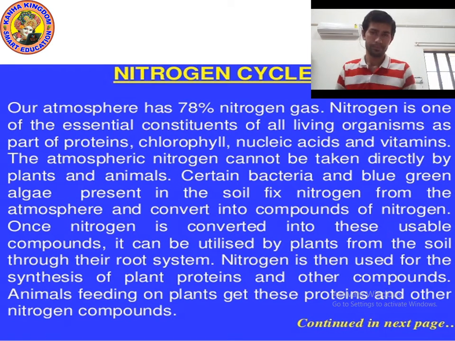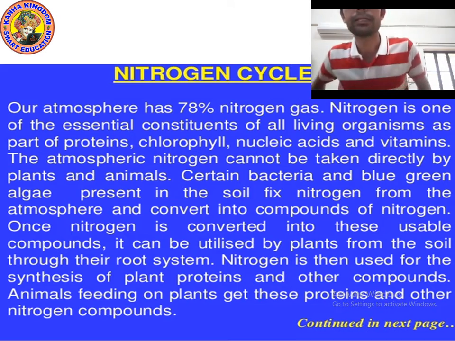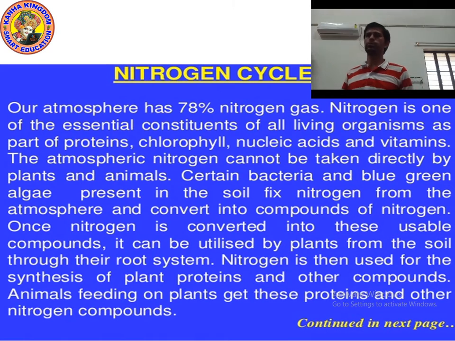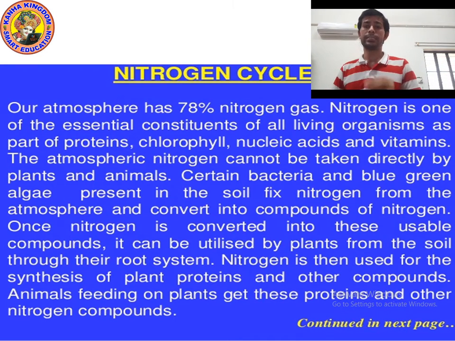Try to understand, kids. Point number 1: our atmosphere has 78% nitrogen, but plants cannot use it directly. Point number 2: many bacteria, blue-green algae and rhizobium convert this nitrogen into a usable form. Point number 3: this usable compound is used by plants.